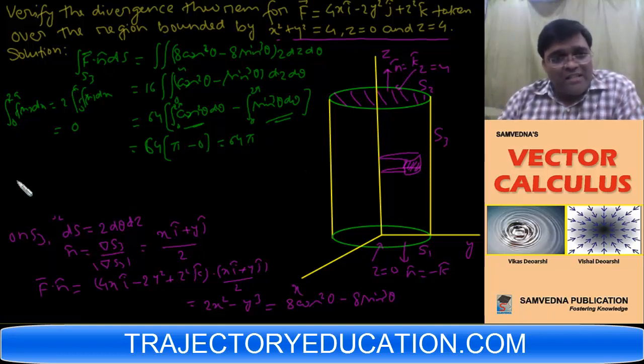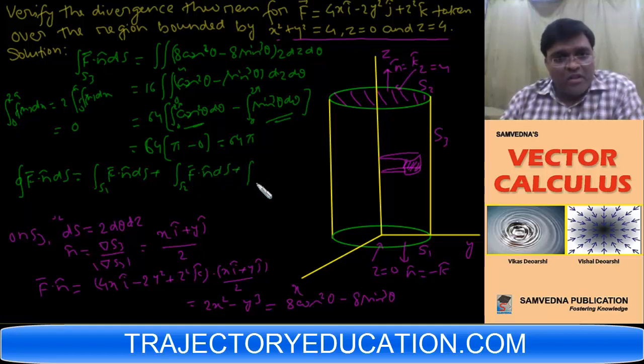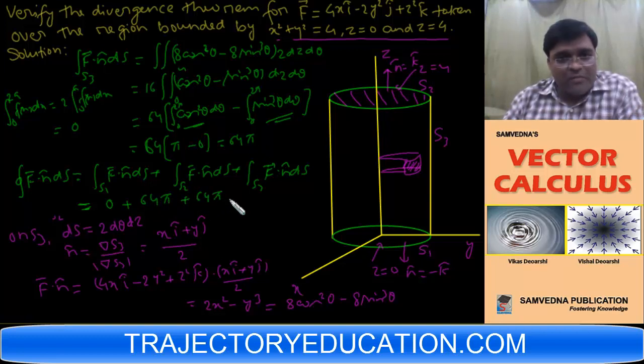So the surface integral over the whole closed surface of f dot n ds is going to be the surface integral over S1, plus S2, plus S3. This was equal to 0, this was equal to 64 pi as we have done, and on S3 it is again 64 pi.